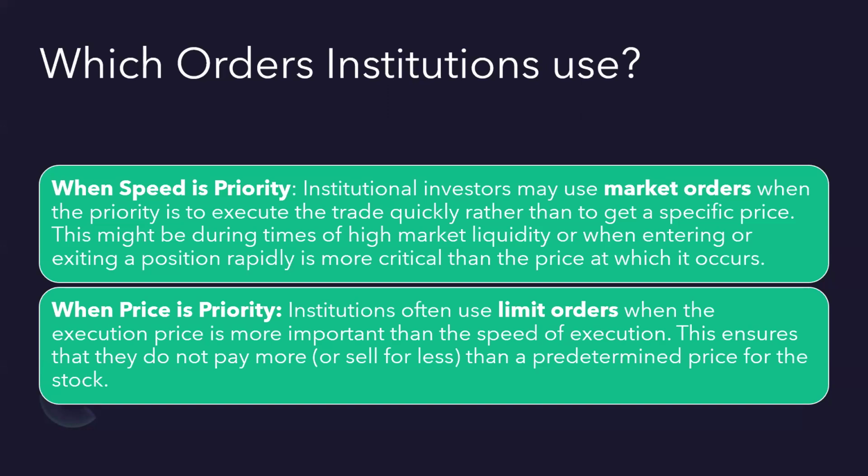We'll talk about that. But they also use market orders, not in every case, only when there is a need, when speed is the priority. Institutional investors generally go for market orders only if they have a priority to execute.